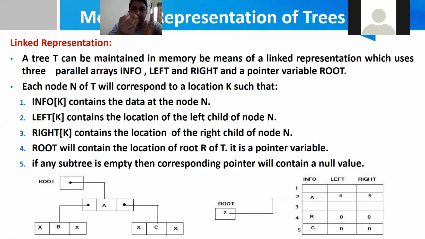Now I am talking about the execution part, how it will execute from the memory. So it will go to the second memory location, that is A. A will be retrieved, followed by the left memory location, which is 4. Always it will complete the left subtree first, and then come to the right hand side.